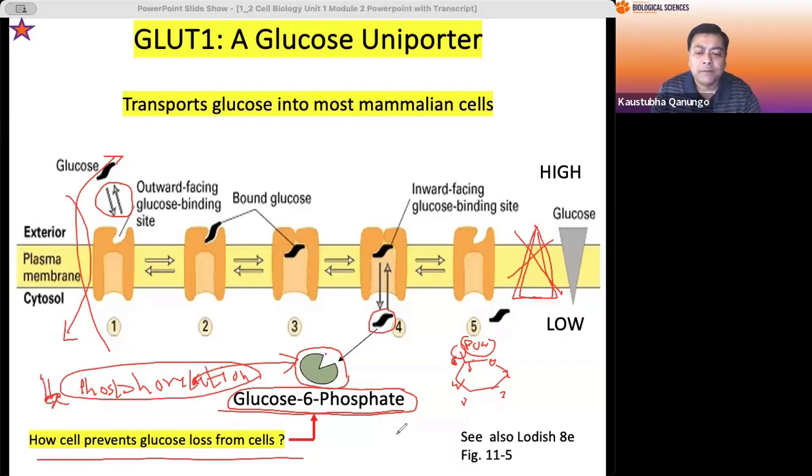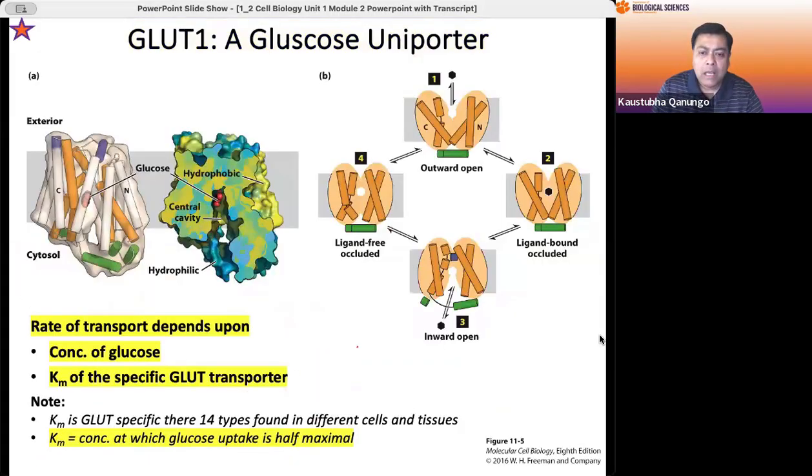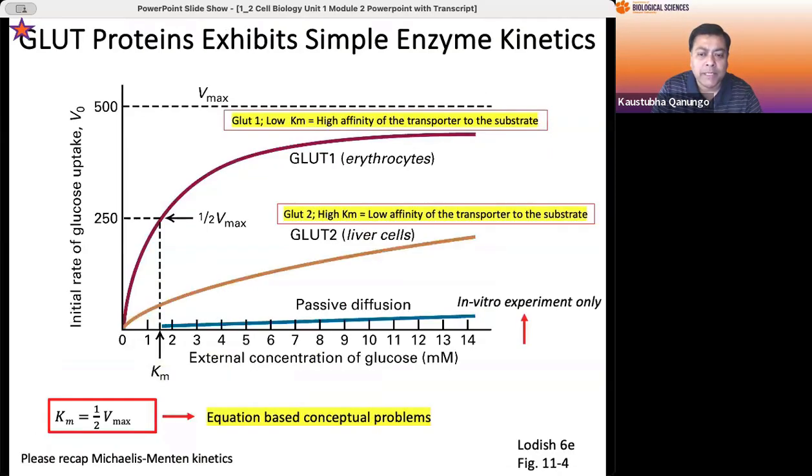So here, the phosphorylation of glucose to make glucose 6-phosphate is essentially the process. So make sure that you remember that. All right, these are just some renditions of the molecular structure or the model of how the glucose is moved in here. There are a couple of notes here: the Km concentration is where glucose uptake is half the maximal. We will look at some of the related problems in here.